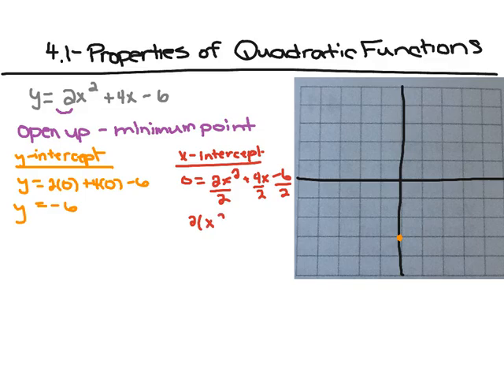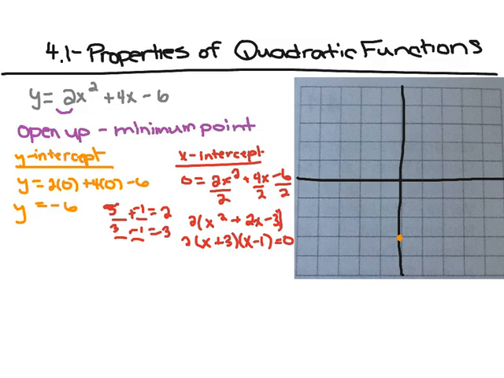So 2 bracket x squared plus 2x minus 3. Find our two values that add up to 2 and multiply to get negative 3. We should get positive 3 and negative 1. So it should be 2 bracket x plus 3, x minus 1 equals 0.